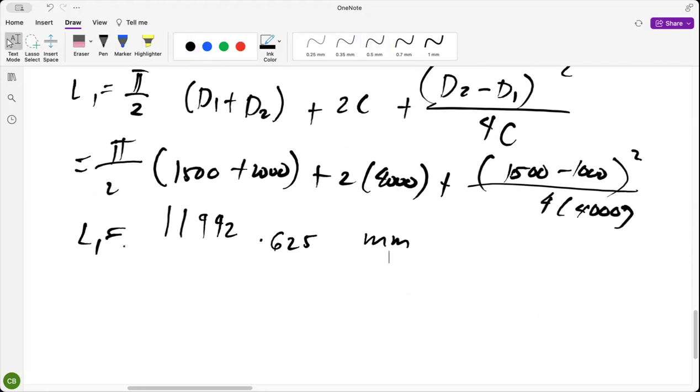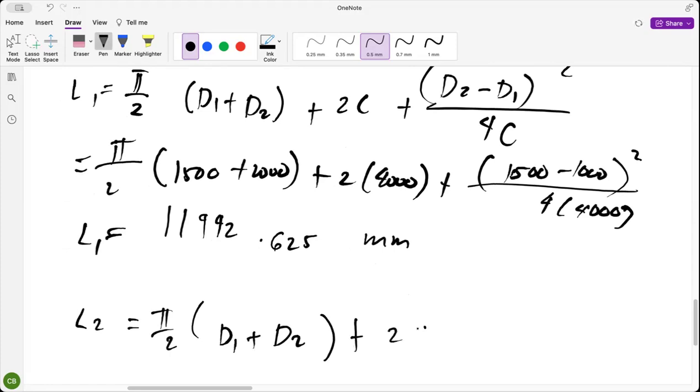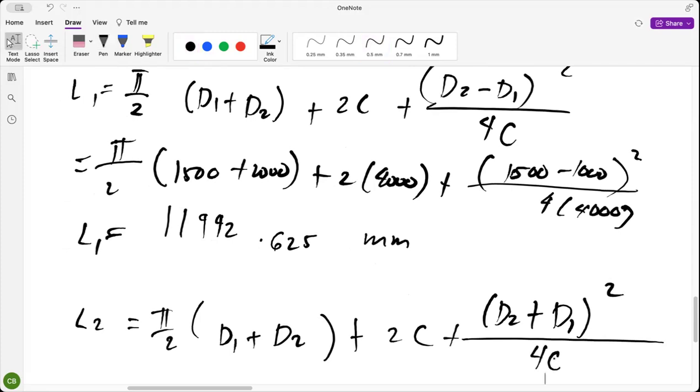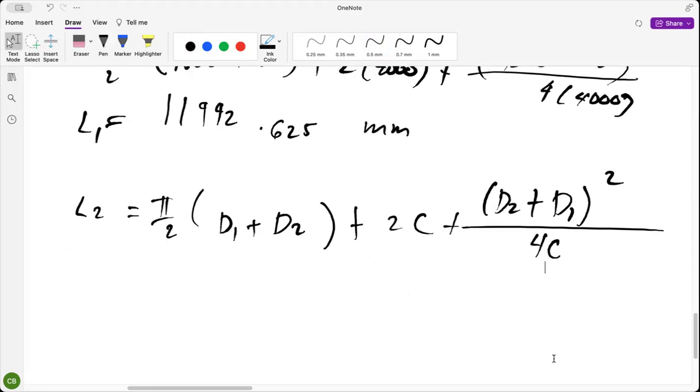So for the cross belt, we have L2. So that will be pi over 2 quantity D1 plus D2 plus 2C plus D2 plus D1 squared all over 4C. So we just substitute.